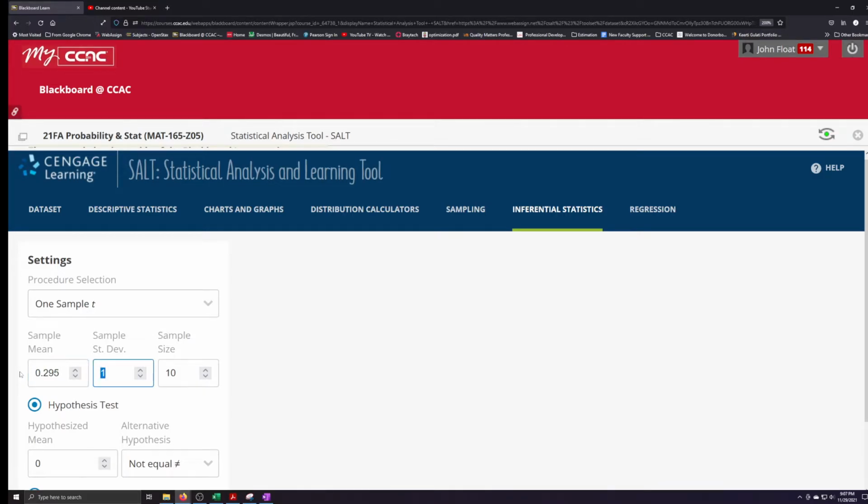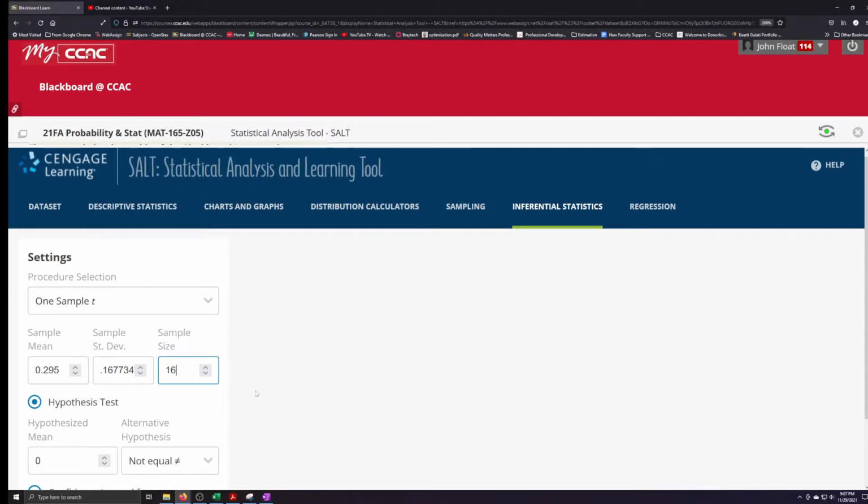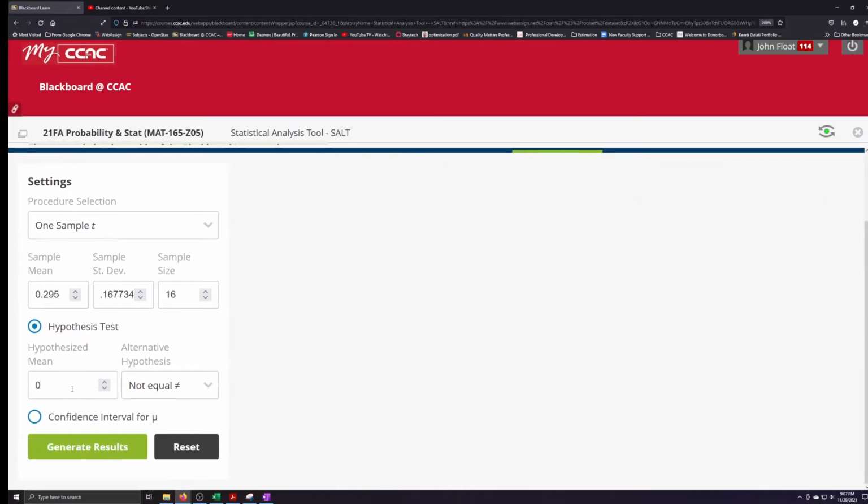Our sample standard deviation we calculated to be 0.167729942. And our sample size was 16. Remember, they're asking for sample size. They're not asking for degrees of freedom. SALT will automatically take degrees of freedom into consideration. All right? Our hypothesized mean was 0.3.